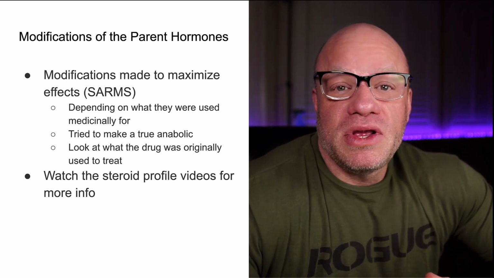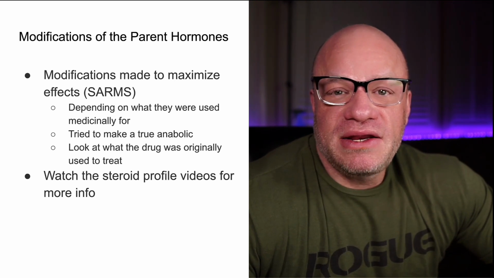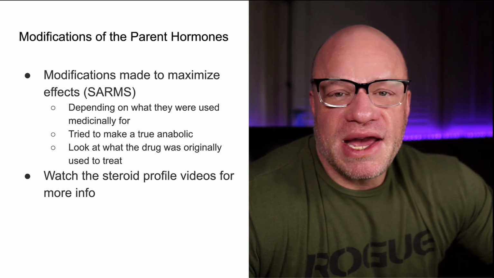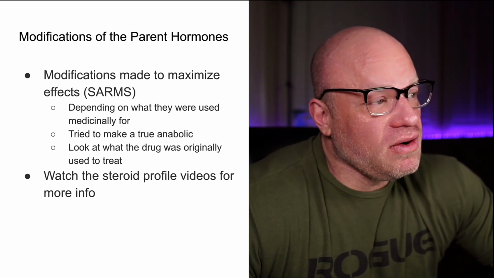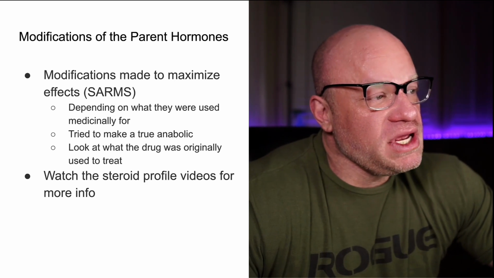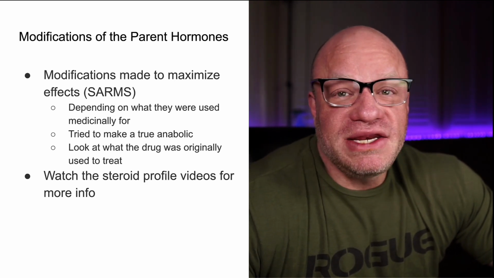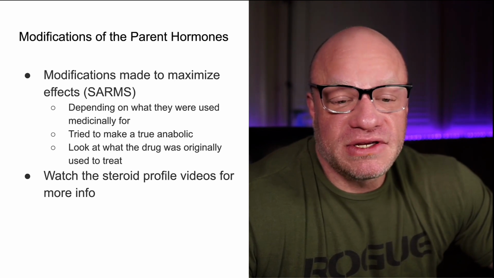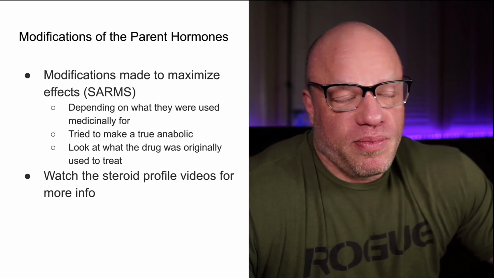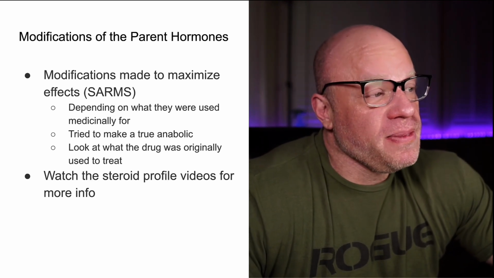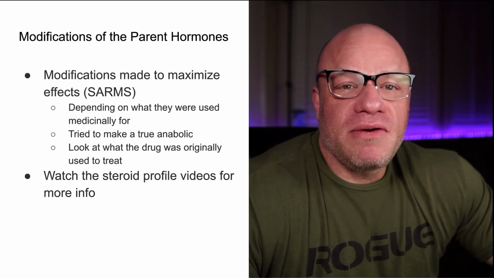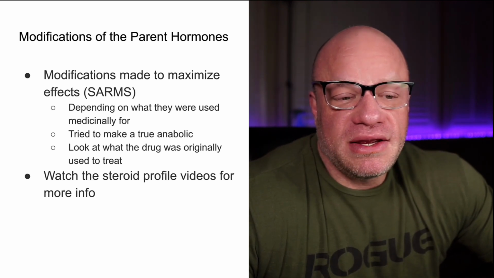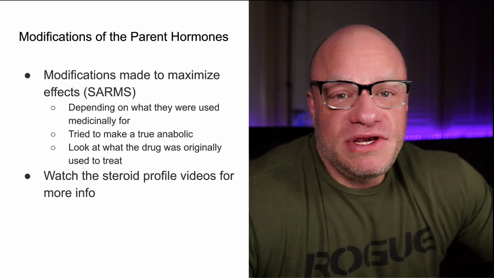So when they made masteron, they tried to lower the androgenic effects and maximize the anabolic effects of the hormone. A lot of these, they tried to make a true anabolic. They never really got to one that is purely anabolic, but primobolan's probably the closest thing. So you have to go back and look at what the original hormone was used for medicinally.